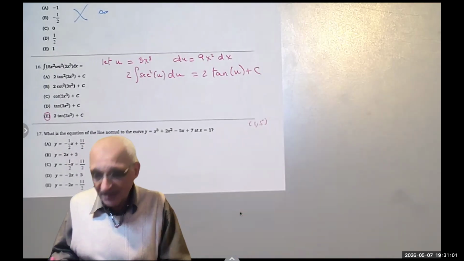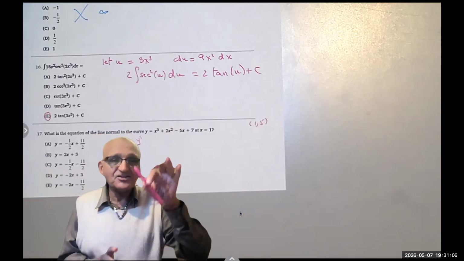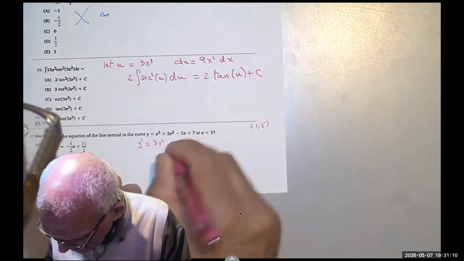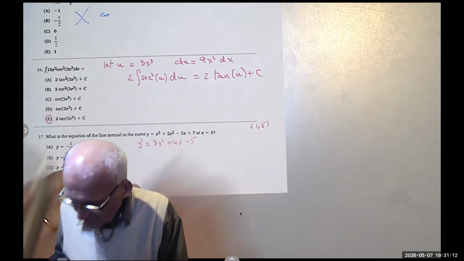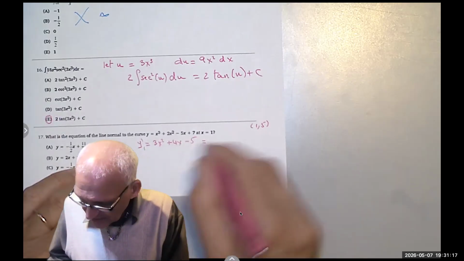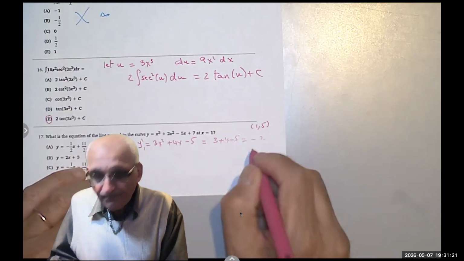Okay, and then you take the derivative. First of all, the derivative is the slope of the tangent, right? So you get 3x squared plus 4x minus 5. At x equals 1, it equals 3 plus 4 minus 5 equals negative 2.